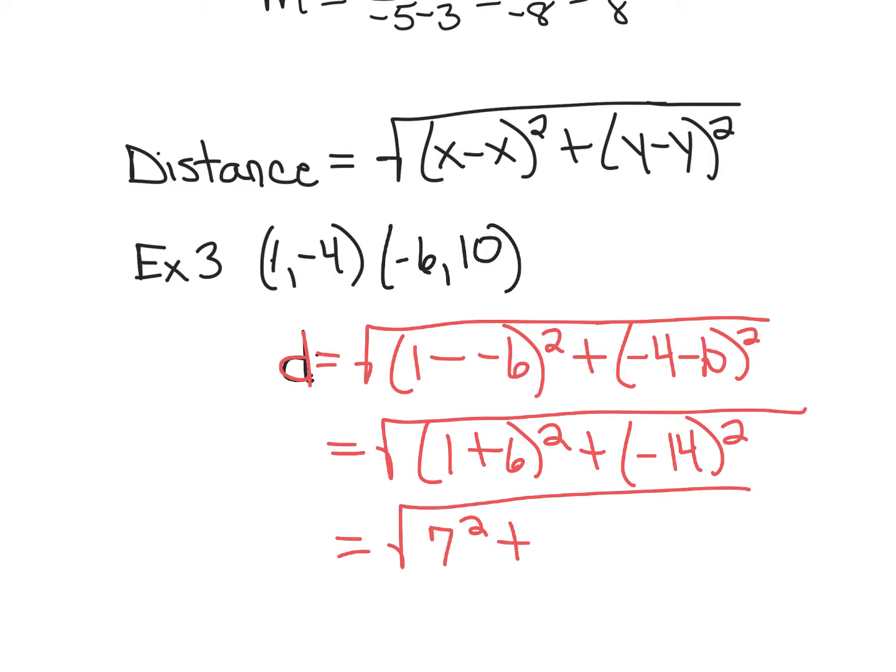which is actually, let me just write that. 7 squared is 49. And of course, I had to give myself one that I can't do in my head. So 14 squared is 196.